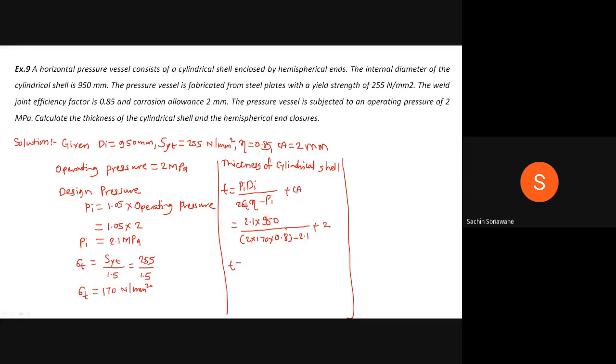Therefore, T is equal to 8.95, which is equal to 9 mm.